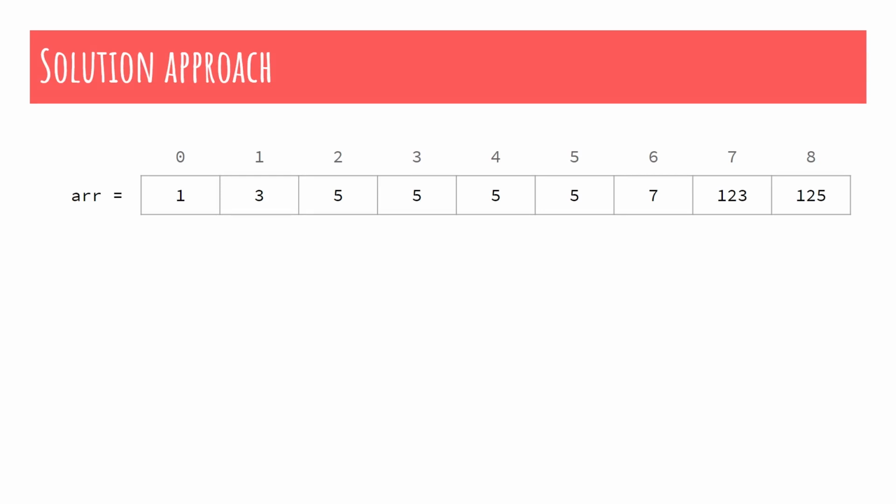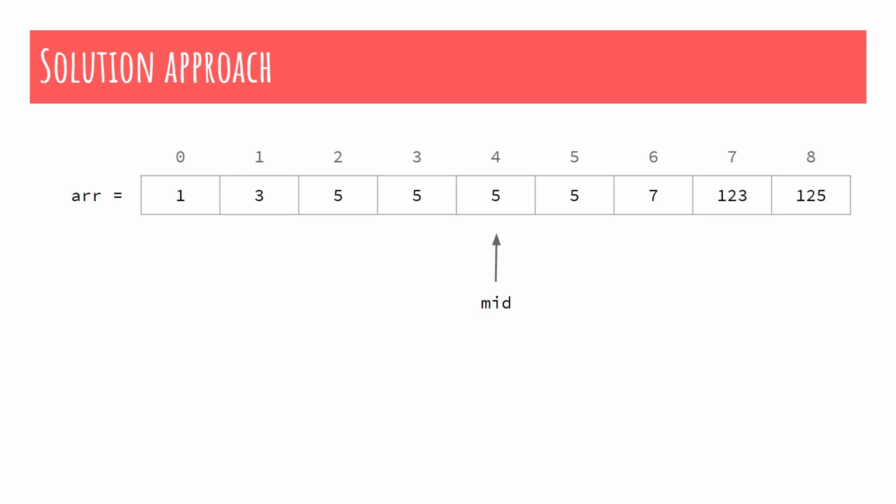This time, let's say the input array contains 1, 3, 5, 5, 5, 5, 7, 123 and 125. Let the value of x, that is the element being searched, be 5. At first, we compute the mid for the entire array. Although the array of mid is 5, we cannot directly return this index.